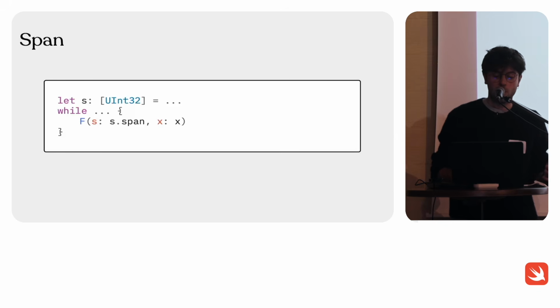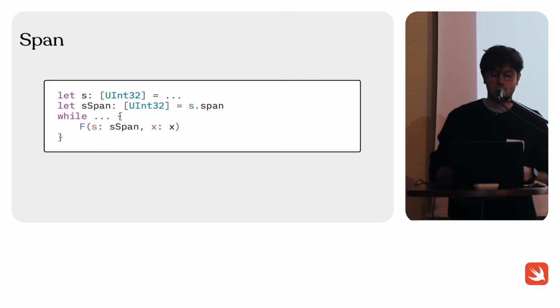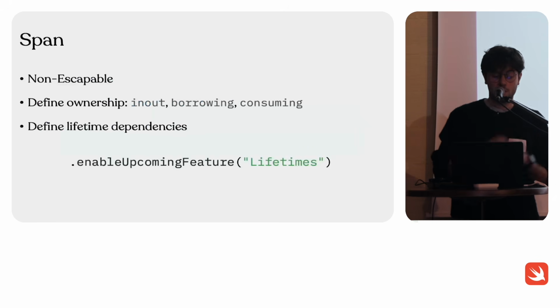So the correct way to use span would be to take a span initially and just pass it around to wherever you need to. This also required me to use mutable span, since I needed to mutate the data in various places too. And the problem with this is that span and mutable span are non-escapable.